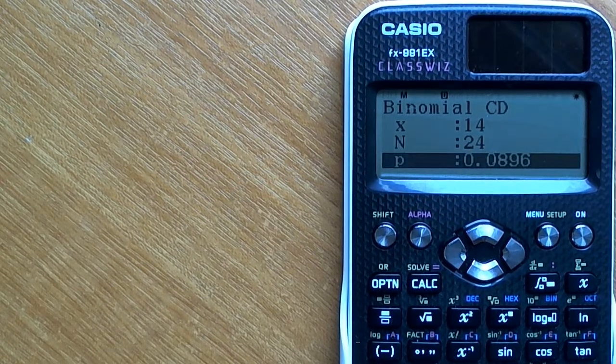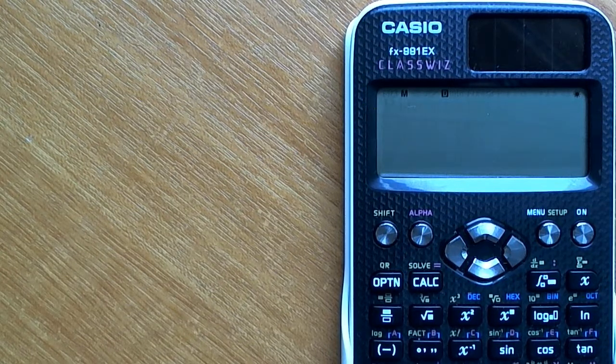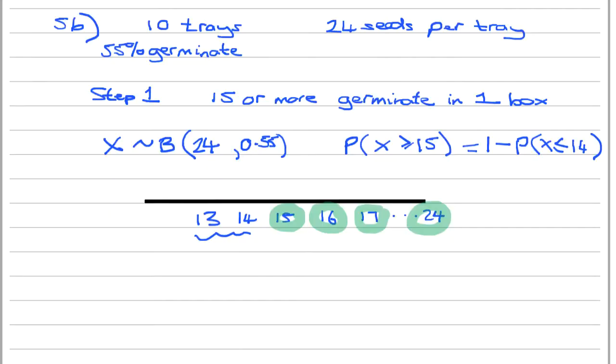And our probability was 0.55. Press equals, and we get 0.70087. So we want 1 minus 0.70087, and that comes to 0.299126.